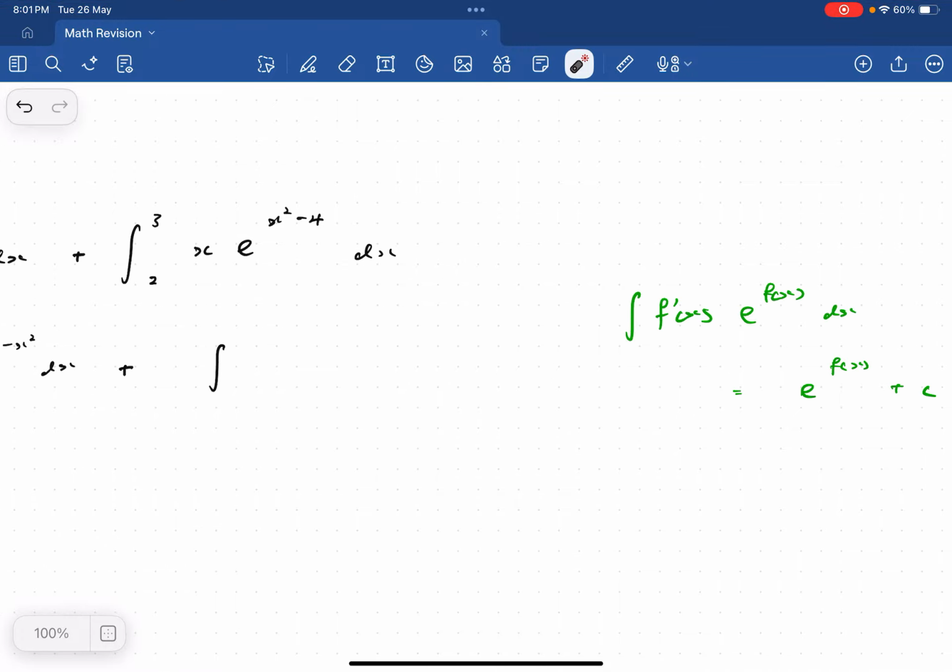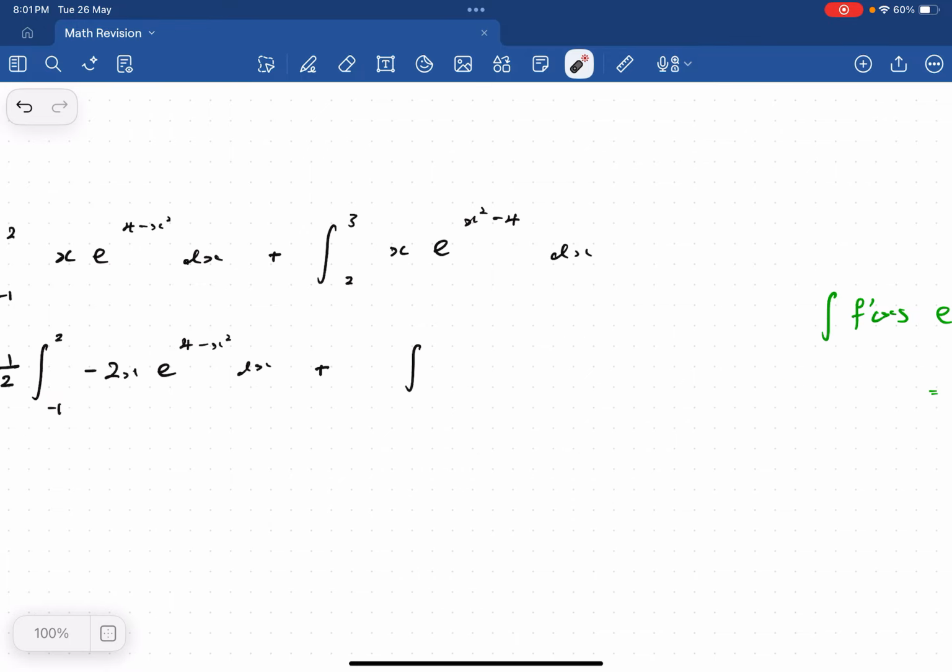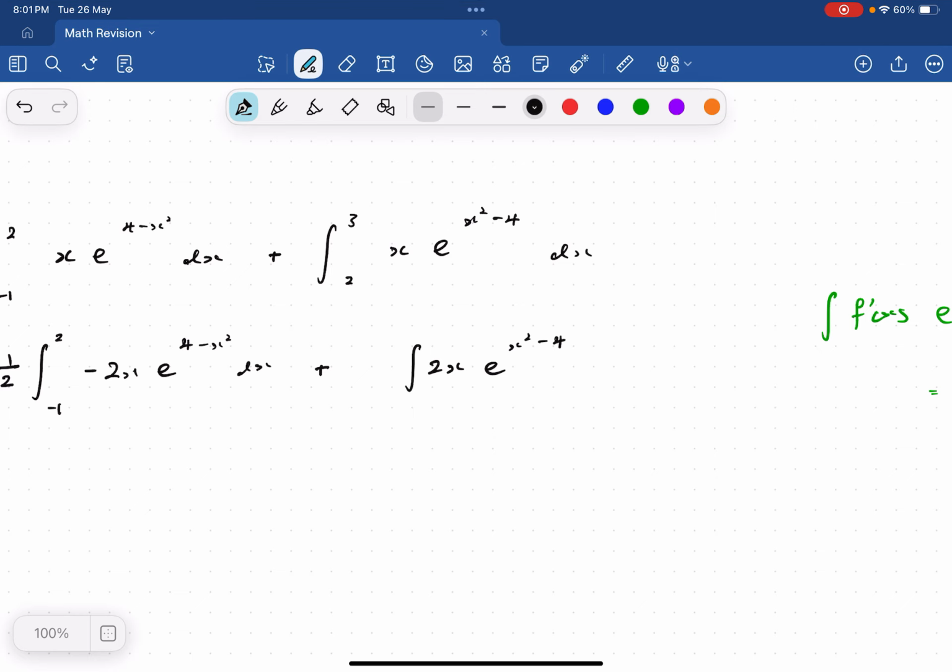My f x is x squared minus 4, so this one obviously needs to be 2x, correct? That only is in the standard form. And then if I have x here and I want to change x to 2x, this one needs to be a positive half.